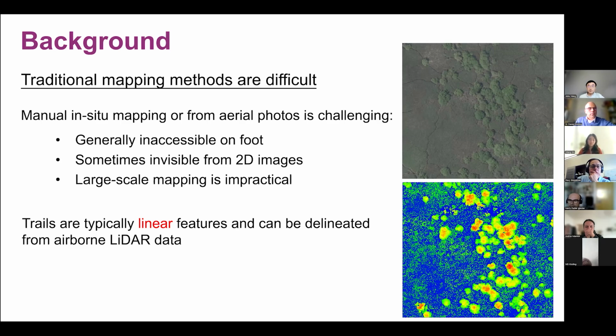Also, applying these methods for large-scale mapping is simply impractical. Since LiDAR pulses penetrate through gaps in the vegetation canopy and reach the lower layers and terrain, we hypothesize that trails, which are typically linear features, can be effectively delineated from airborne LiDAR data.